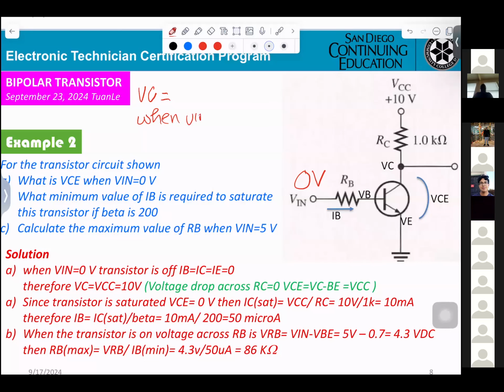I think according to your notes, it would be 0 because you have no current flow. First thing, you can understand IB is 0, correct? IC is 0, correct, IE is 0, correct.